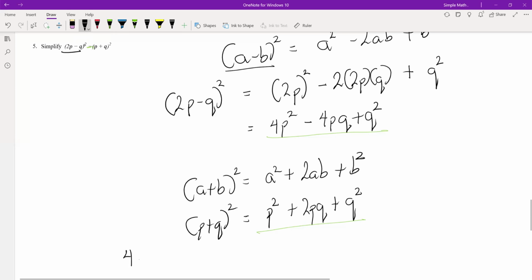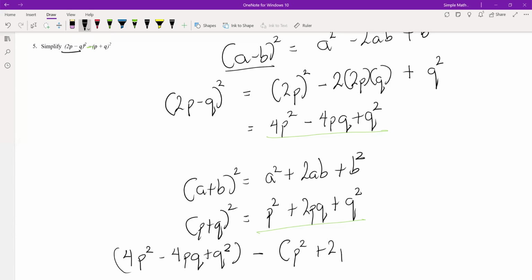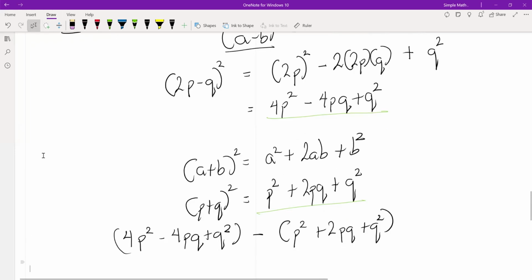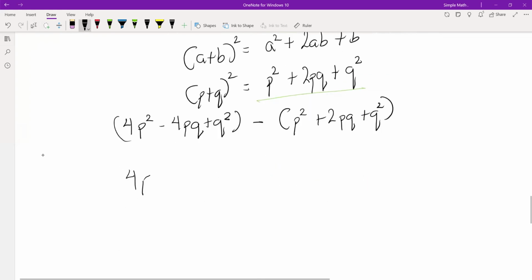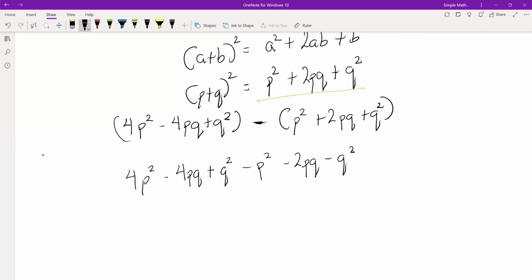So now we have 4p squared minus 4pq plus q squared, minus p squared plus 2pq plus q squared. Okay, so now we open the bracket. So this becomes 4p squared minus 4pq plus q squared minus p squared minus 2pq minus q squared, because this minus is affecting everything here.